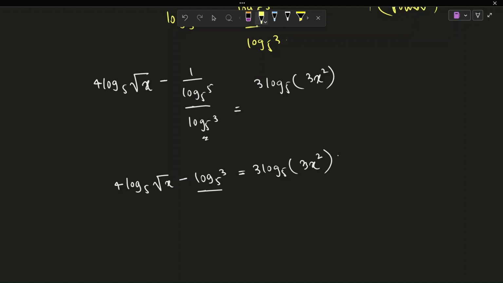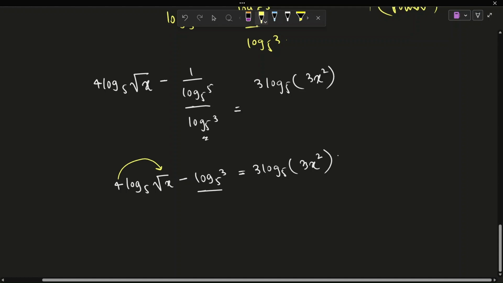Now we're going to move these powers using our power rule. So that's going to give us log. Let's write root x as x to the power half.